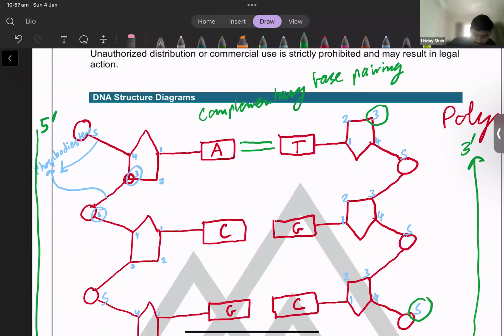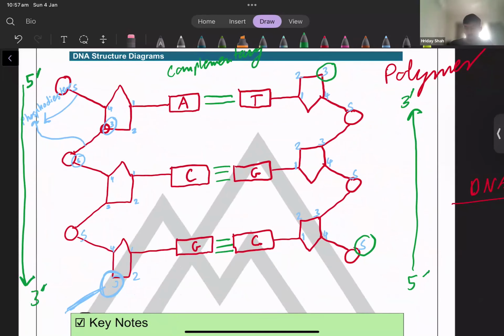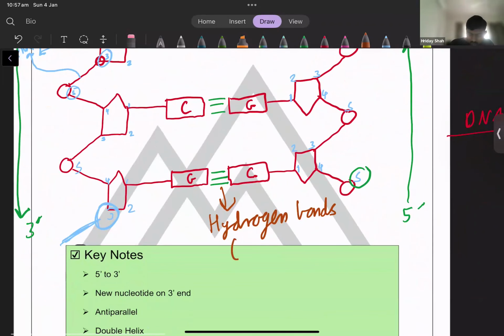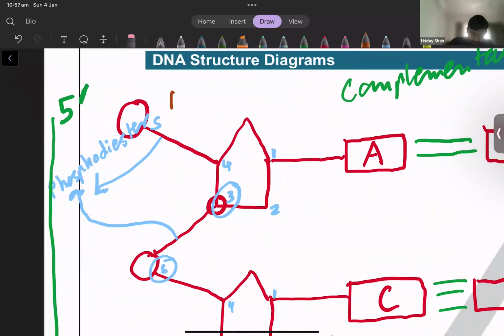And connect these two together. The bonds that connect the nitrogenous groups together are called hydrogen bonds. Hydrogen bonds are relatively weak, whereas phosphodiester bonds are strong.